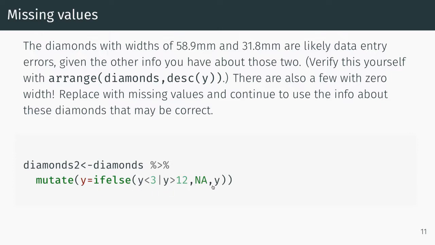I'm using the mutate function here. If the width is less than 3 millimeters or greater than 20 millimeters, replace it with NA. Otherwise, leave it as y. That gives us another diamonds data set that you can use to extract more information.